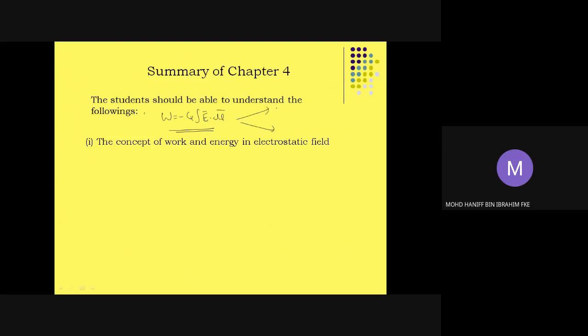The first one is work does not depend on the path taken. And number 2 is that work per unit charge in a closed loop movement will be 0. Based on the equation, it will be the closed integral of E dot dl equals 0, which is the second law of Maxwell, which has been produced previously in our lecture. Okay, so that's the important things that we have obtained from the first topic.